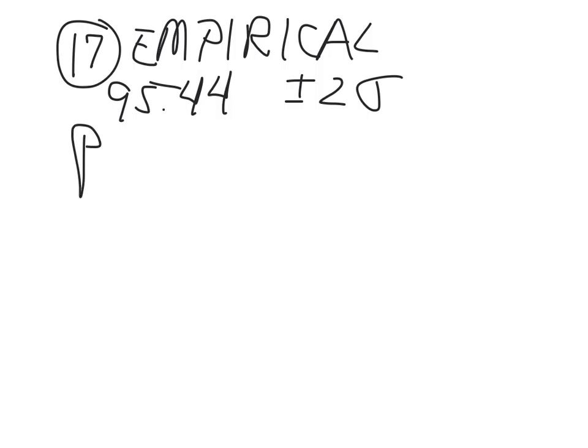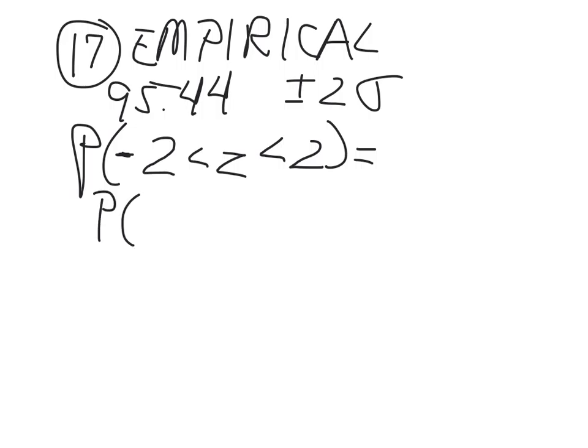Okay? And this is actually where the empirical rule comes from. If I have the probability that z is between minus 2 and positive 2, and I want to solve that, I take the probability that z is less than positive 2, subtract out the probability that z is less than negative 2.